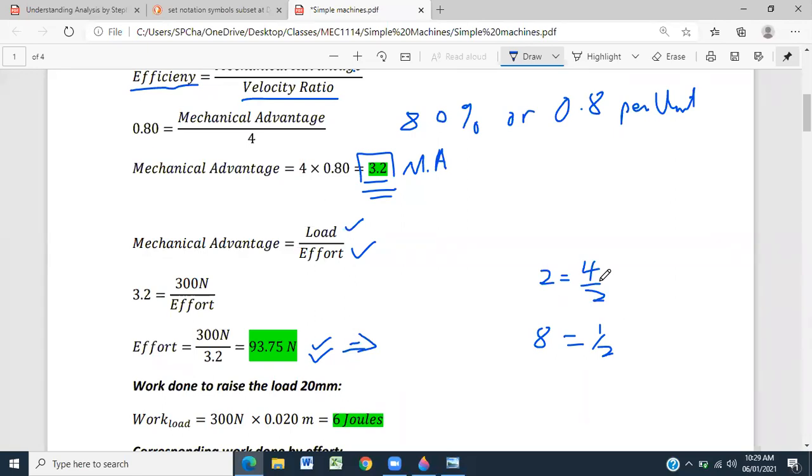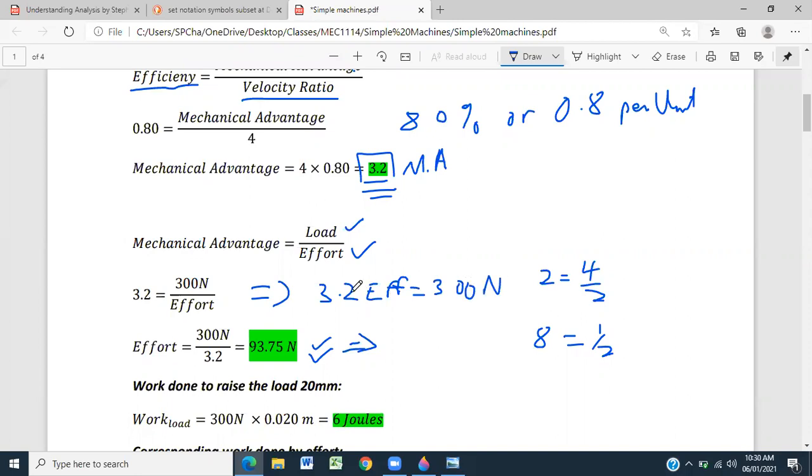So this is algebra. This is dividing, so it must be multiplying. So the steps for this is 3.2 times the effort is equal to that 300 newtons, right?